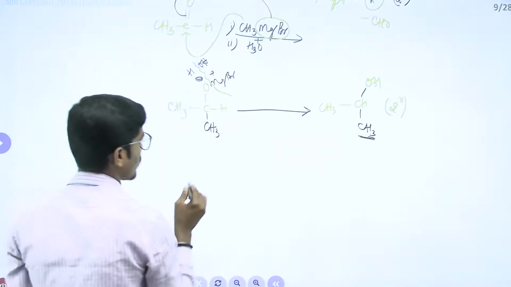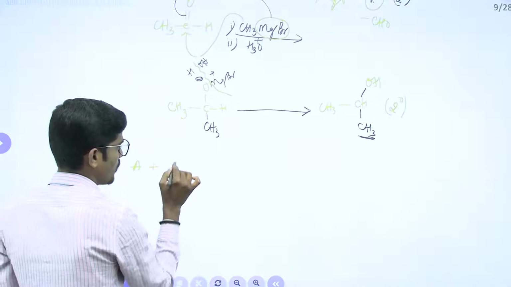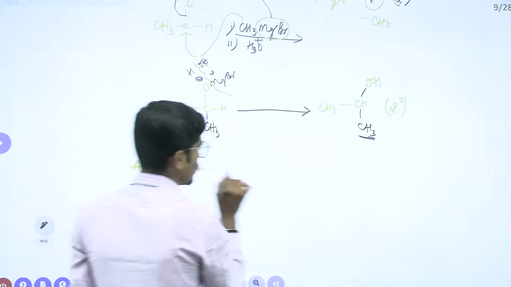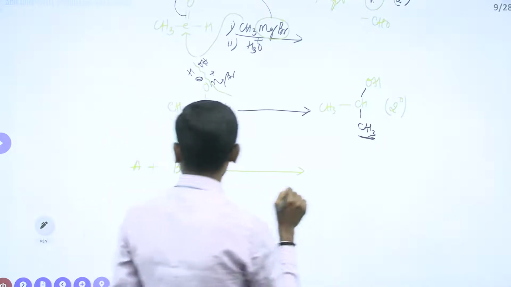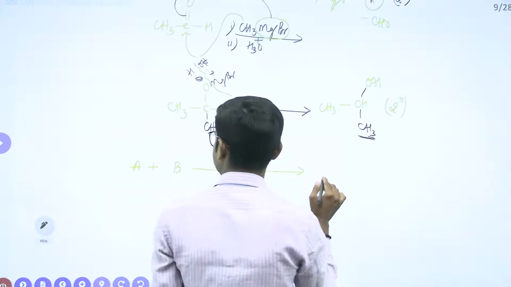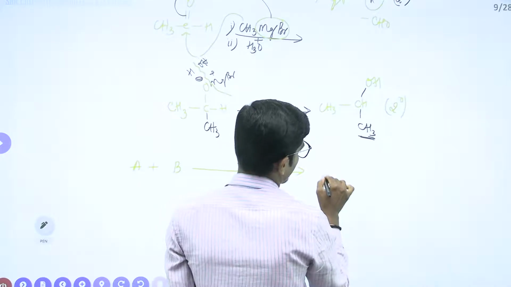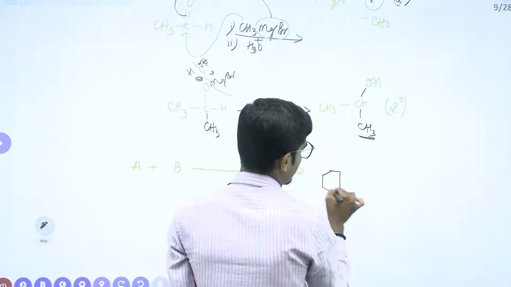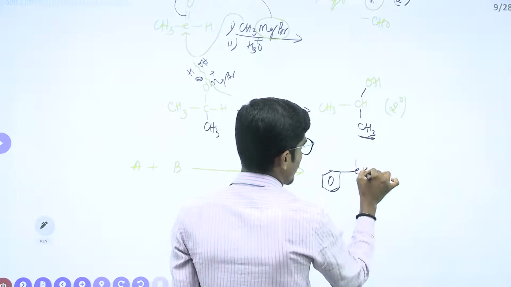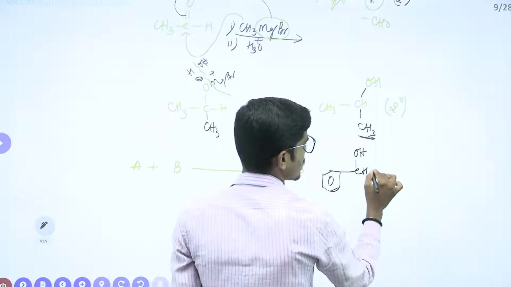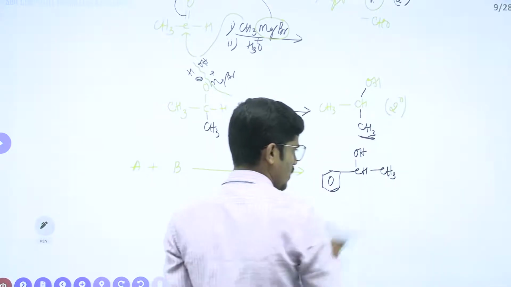Very simple problem I will give. So here again, identify A and B in the following. A plus B gives rise to the product, benzene ring, CHOH CH3, a simple compound I have given.